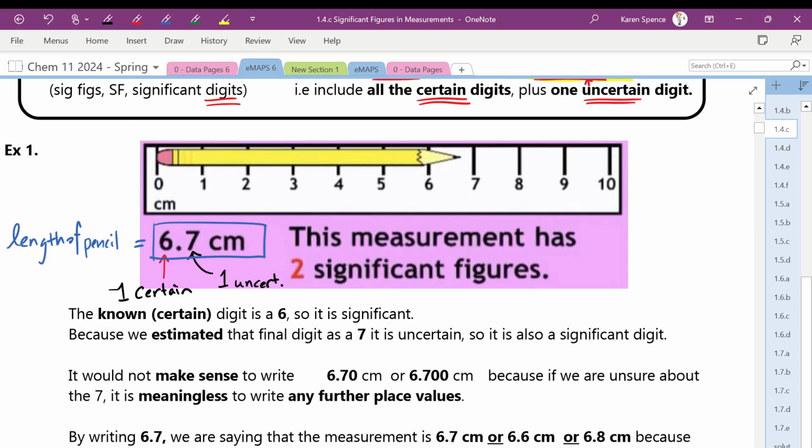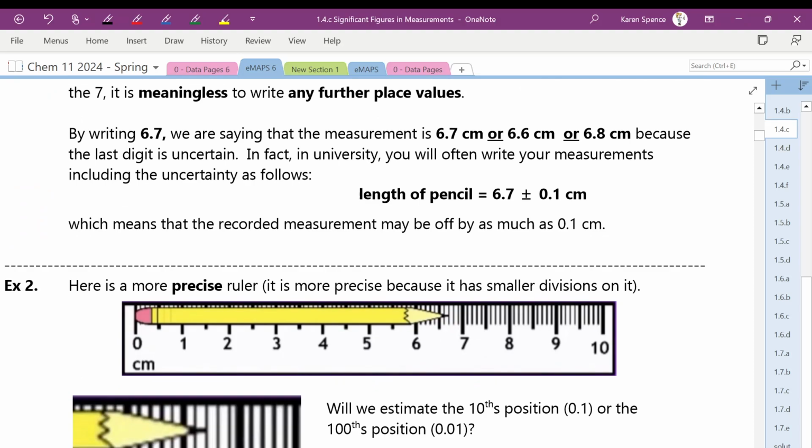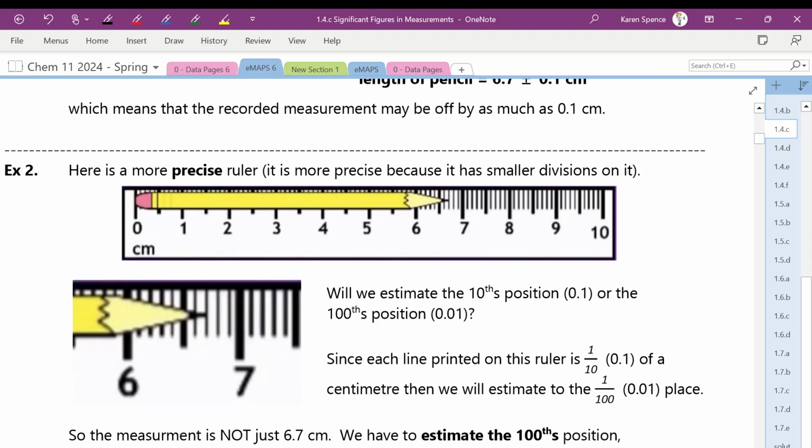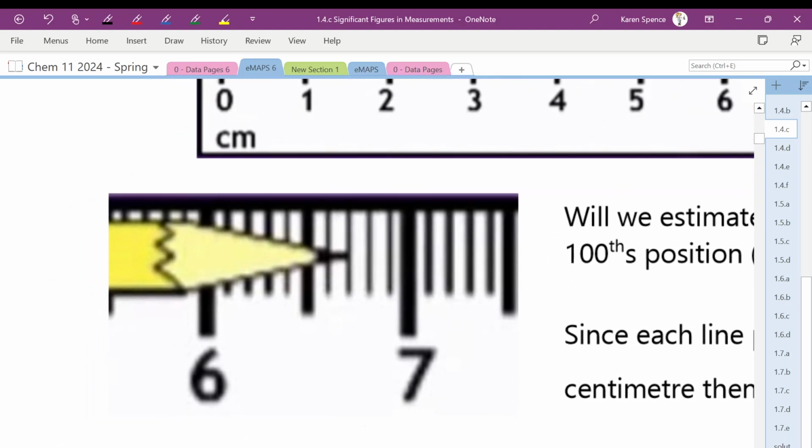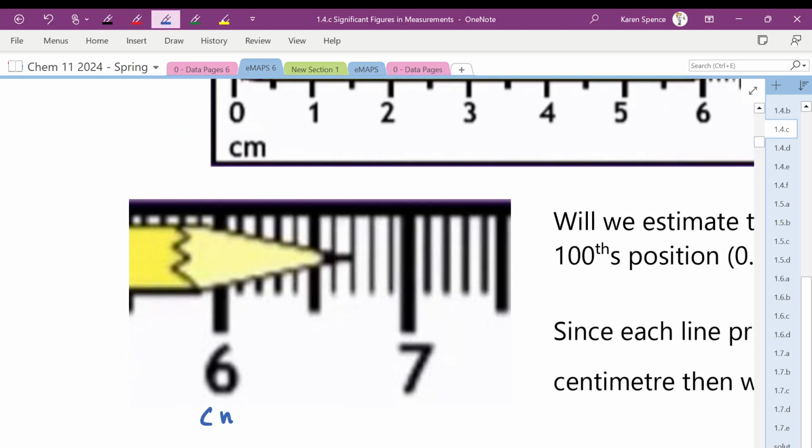All right. Here's a more precise ruler. And here we have 6 centimeters, here we have 7 centimeters.